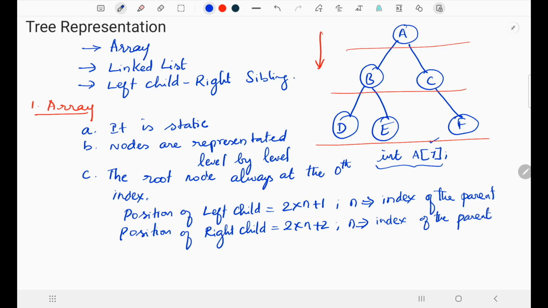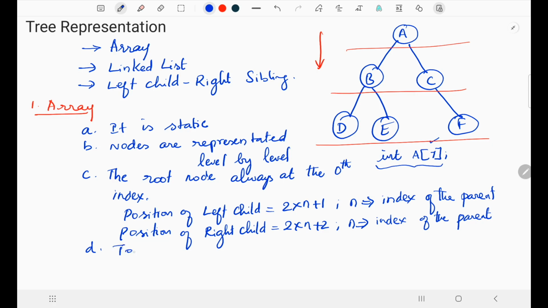Okay, now once we know the positions, we need to store the tree in the array. Before storing, we need to find the maximum size of the array for declaration.